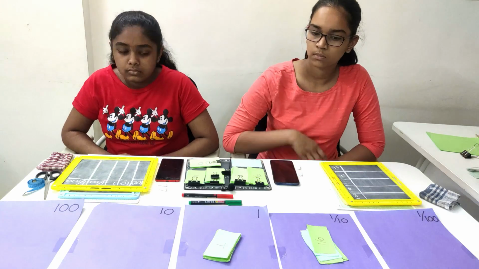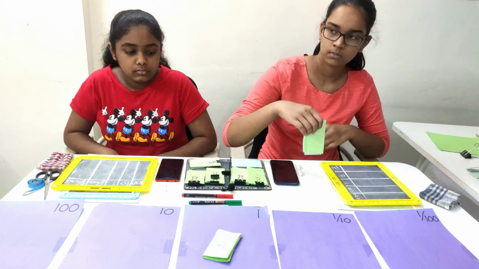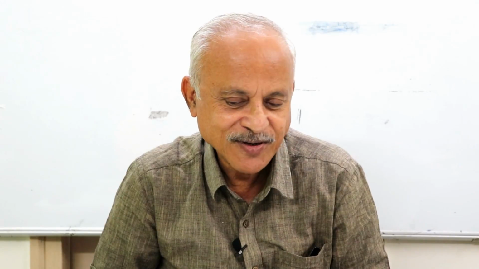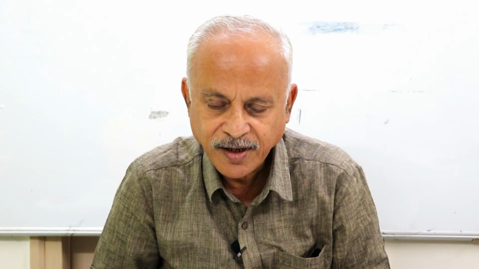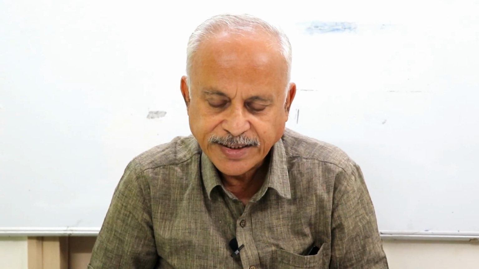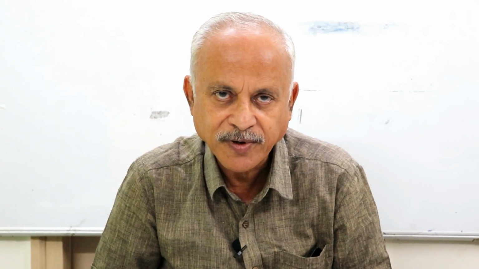There's something more in the houses from the last problem. So now you have placed 20 in the house of ones. That is a loose form.